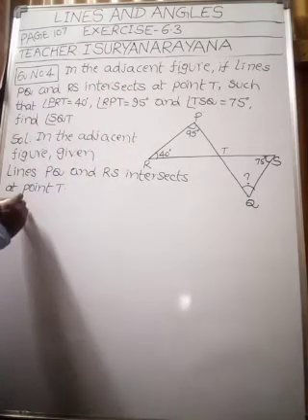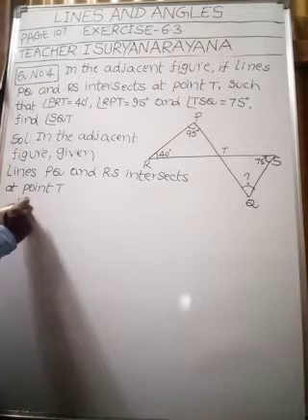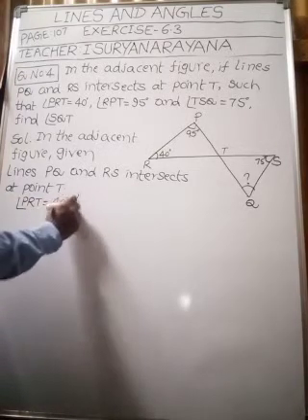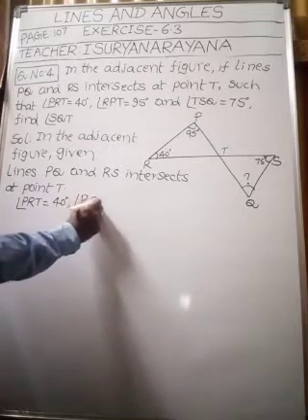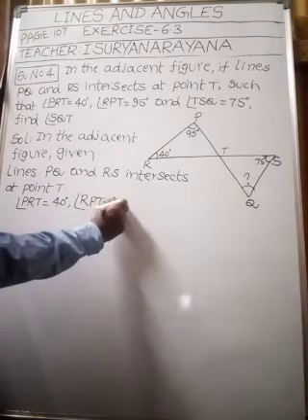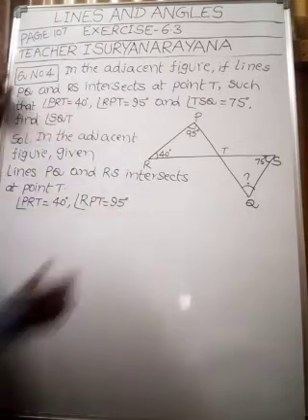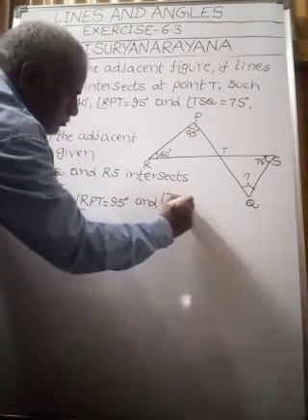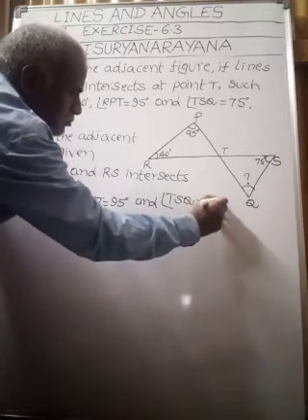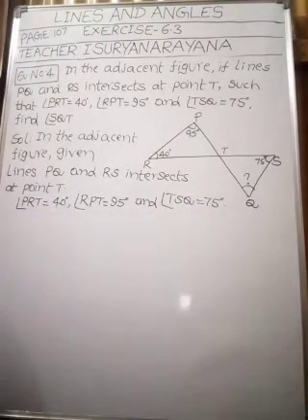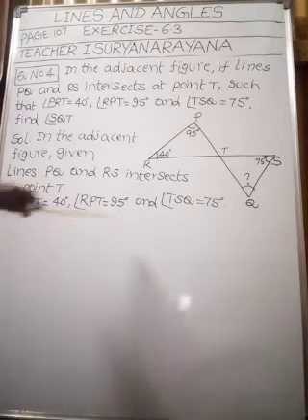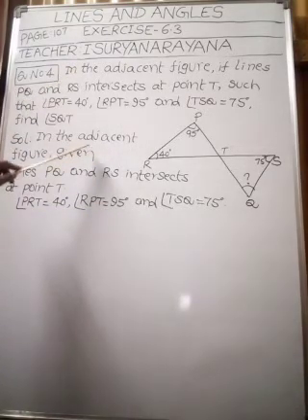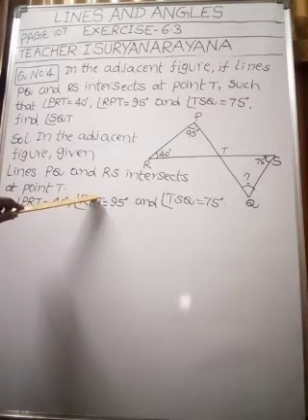Angle PRT is equal to 40 degrees. Angle RPT is 95 degrees. And angle TSQ is equal to 75 degrees. Understood these steps, my dear children? Whatever data is given in the question, I wrote in the form of steps here in the solution part.